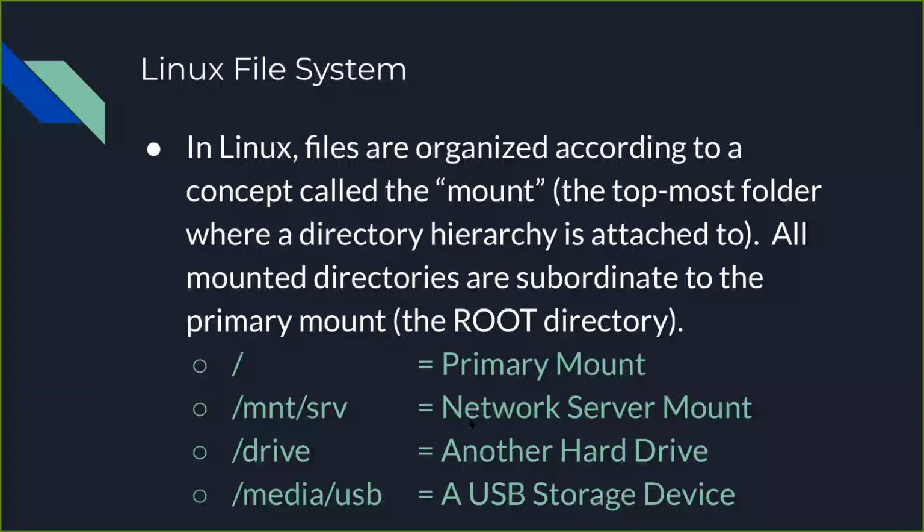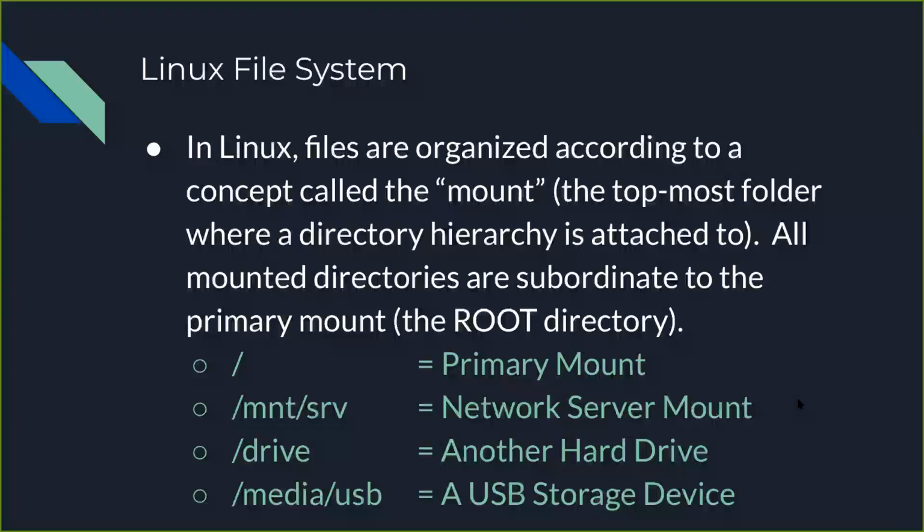Under /mnt, /mnt is short for mount. Usually underneath that primary mount, there are other directories that will indicate other hard disks, other network drives, other flash drives, and they usually look something like this: either /mnt/srv/drive or /media/usb.